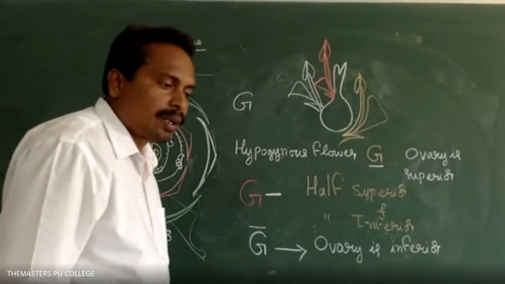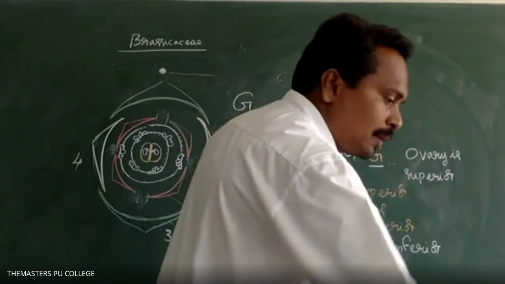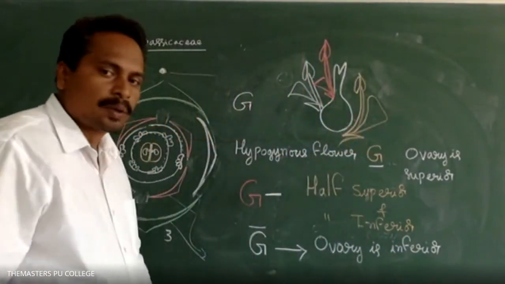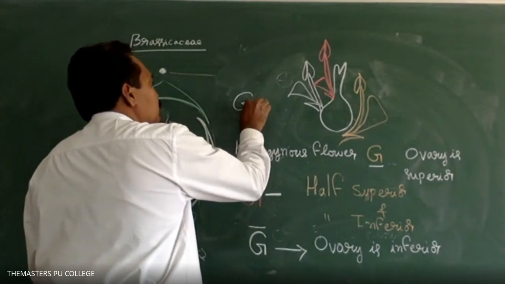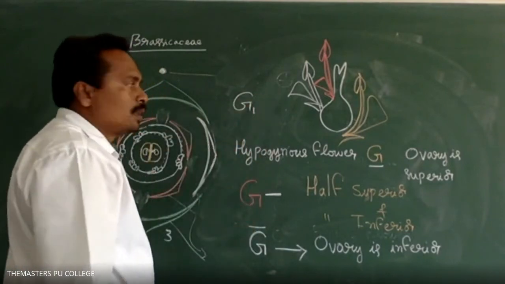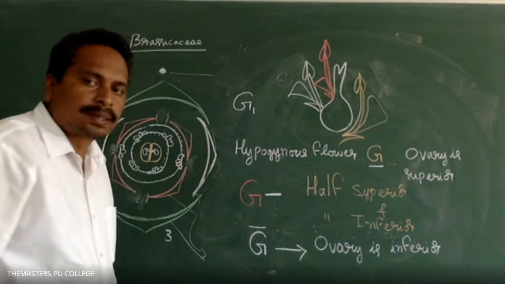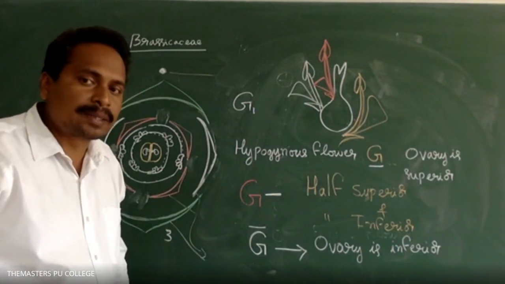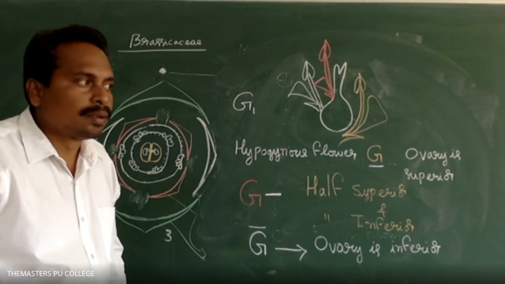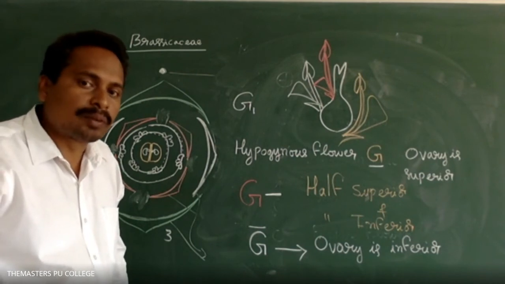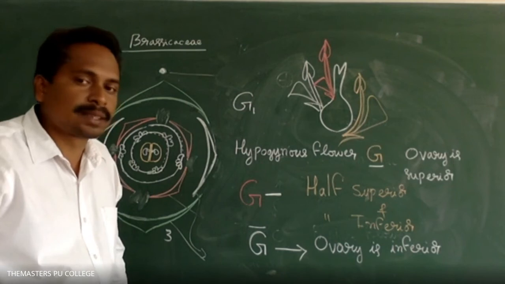The number of carpels in a gynaecium: if one carpel is there, that's represented as G1. How many types of gynaecium are there based on the number of carpels? Already we have discussed them.